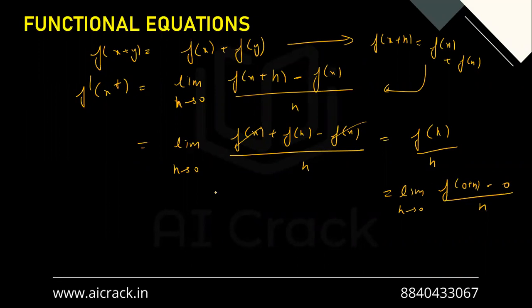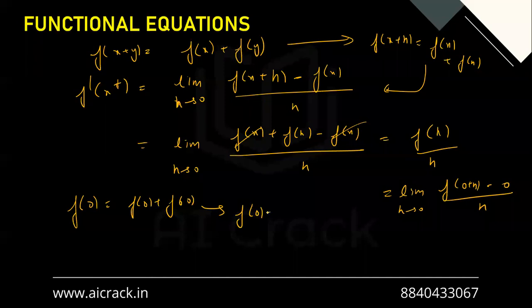So let's try to find the value of f(0). For that, I'll put x and y both equal to 0. So f(0) = f(0) + f(0). This clearly gives me f(0) as 0. So our motive is clear from here that f(0) = 0.